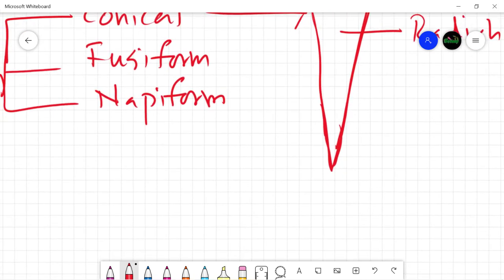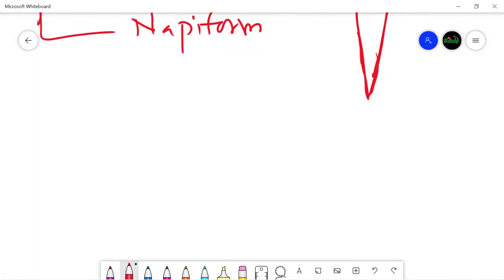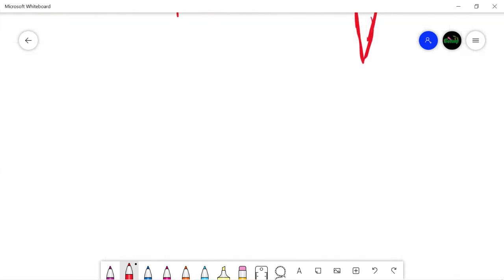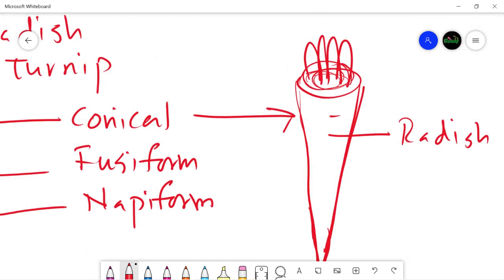So this is conical. Next is the fusiform. Fusiform root is spindle shaped. It is thick in the center and it gradually tapers towards both the ends, somewhat like this.